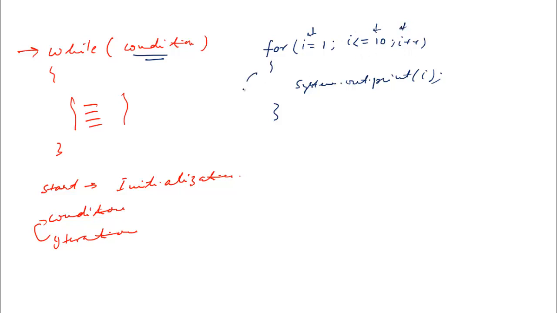If I want to convert this loop into a while loop, how will I do that?